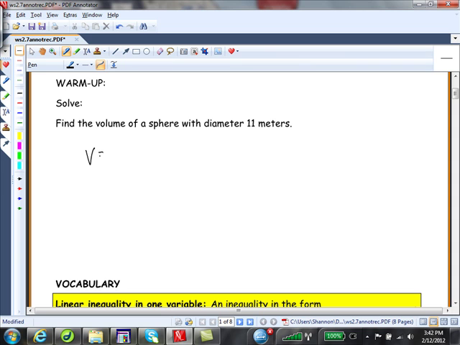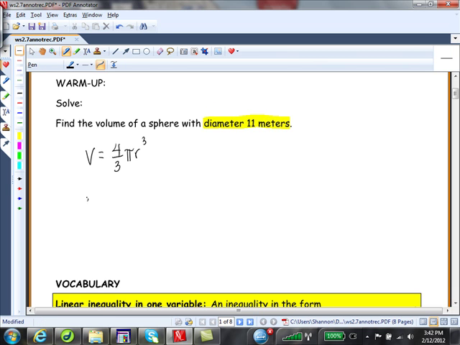Recall the volume of a sphere is equal to 4/3 times pi r cubed. Now, what do we have to do here? We have to find r, don't we? Because we've been given a diameter of 11 meters.